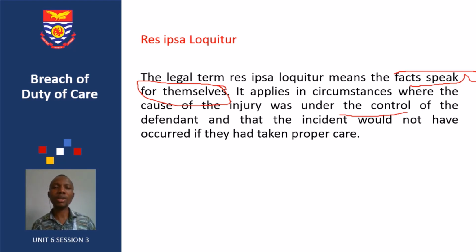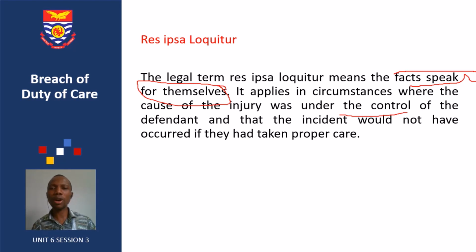Now, before you can invoke the Latin maxim res ipsa loquitur, you have to point out that the defendant had control over the situation. Also, you have to point out that the incident wouldn't have happened if the defendant had taken proper care, and the defendant has failed to give an explanation as to how the event happened.